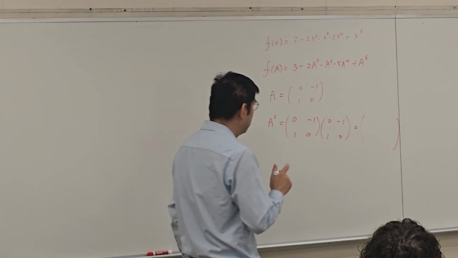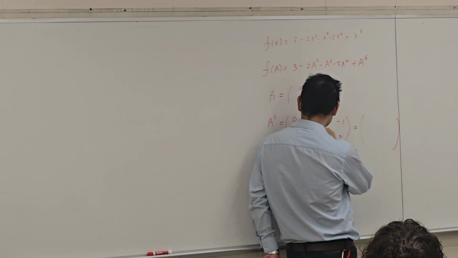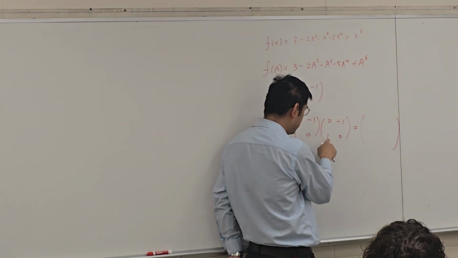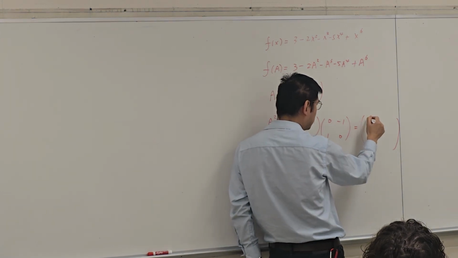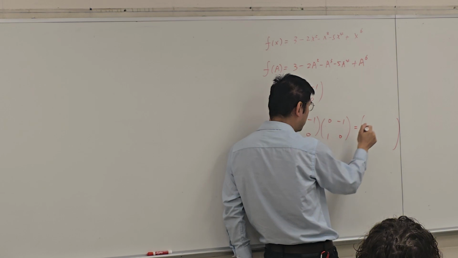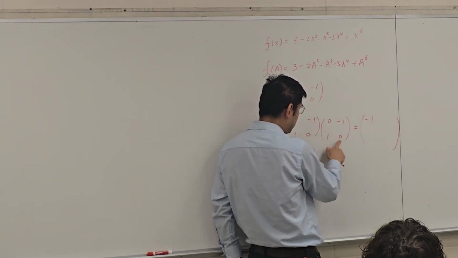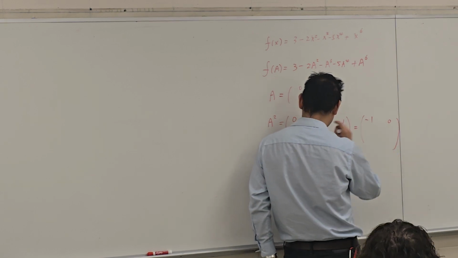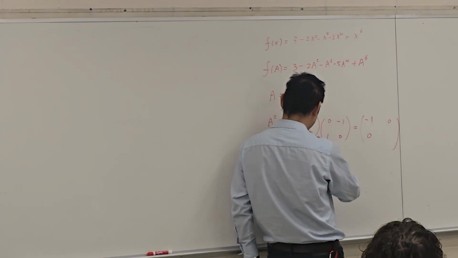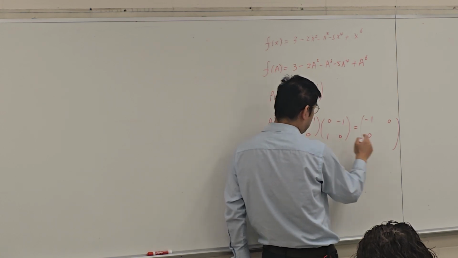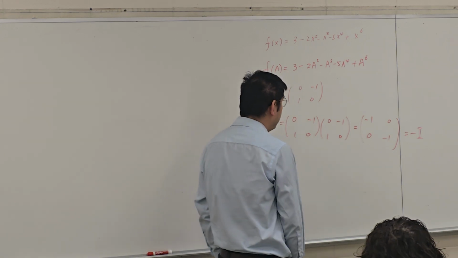What's this? 0 times 0 minus 1 times 1. What do I get here? That's -1. That's good. 0 times minus 1 minus 1 times 0 is 0. They actually give me negative identity.